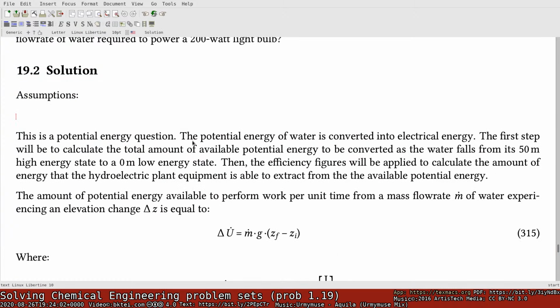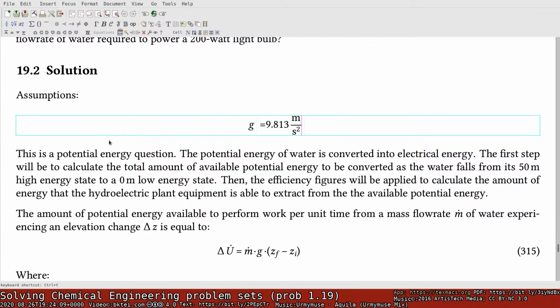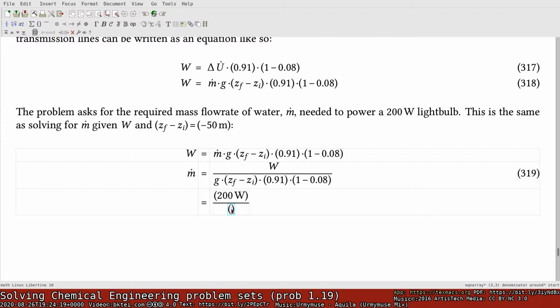Assumptions: g is equal to that. Times negative 50 meters times 0.91 times 1 minus 0.08.